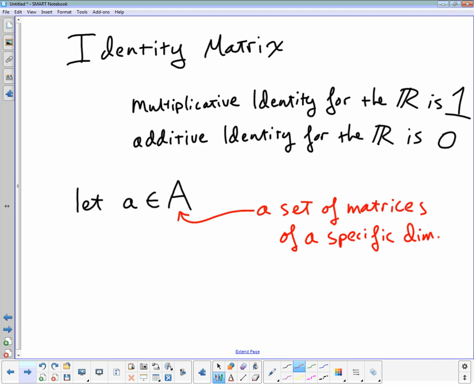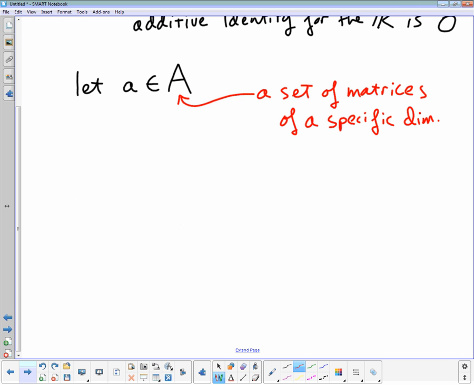So if I wanted to talk about the 2 by 2 matrices, the 3 by 3 matrices, the 50 by 50 matrices, they're all going to be different collections of matrices. And just like we saw, the size matters when you're multiplying. I can't multiply a 2 by 2 against a 3 by 3. It doesn't work, right?